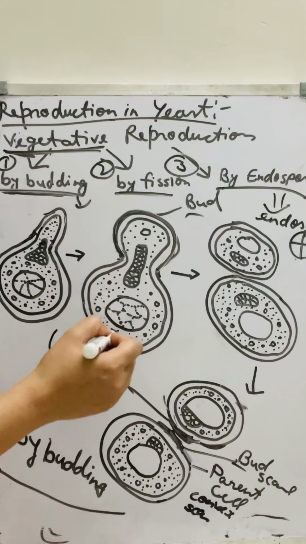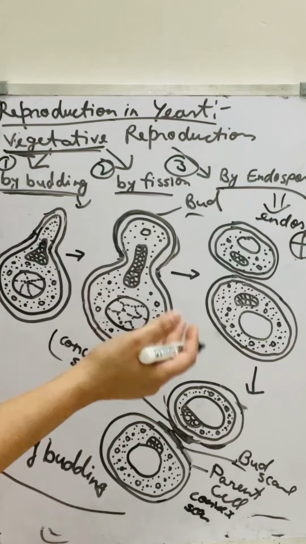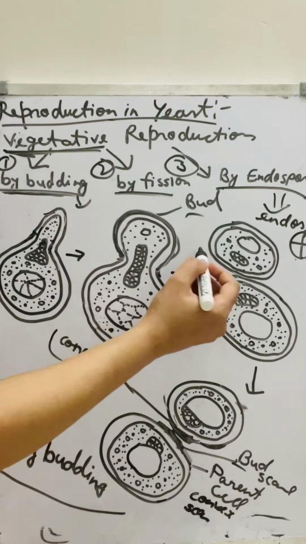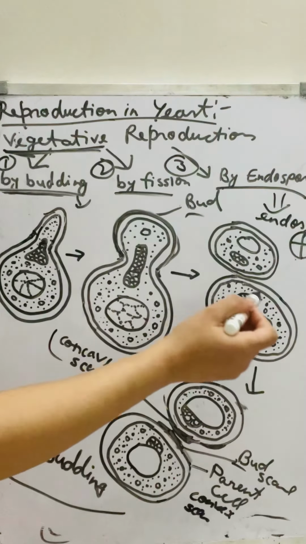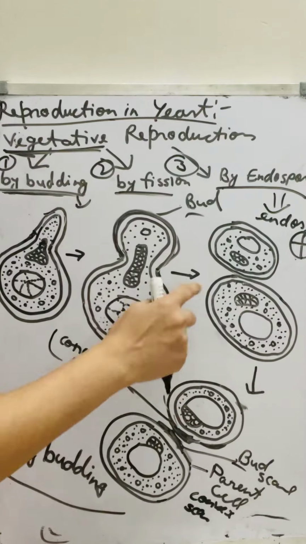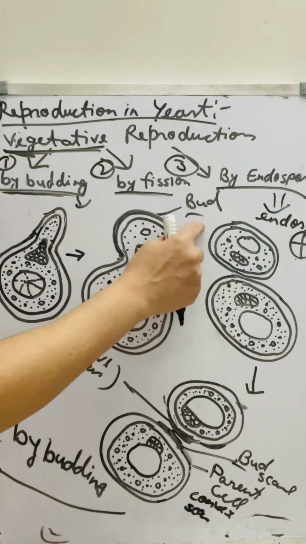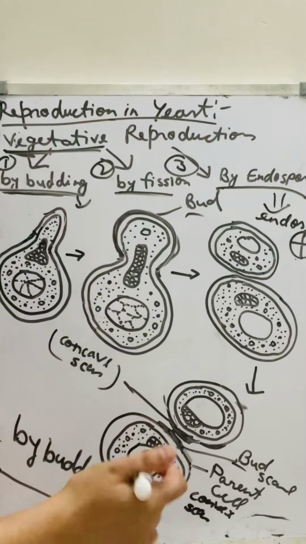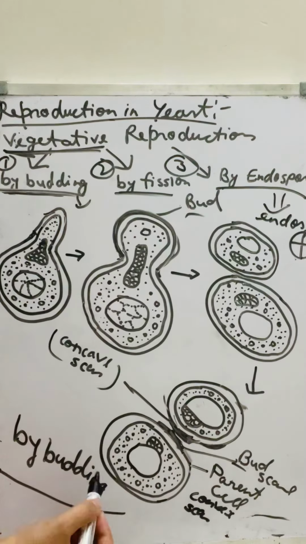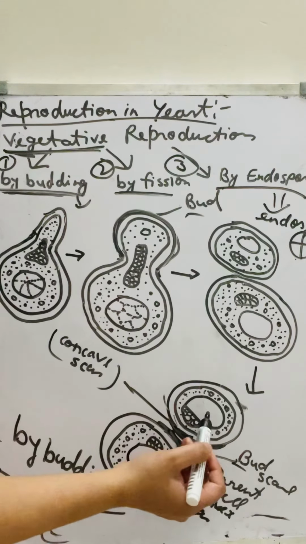It means the nucleus starts splitting, the cytoplasm starts splitting, and after that they separate from the other cell. It means they separate from their parental cell. After it is separating, it's called complete. So one cell is the parental cell and the other cell is the bud cell.